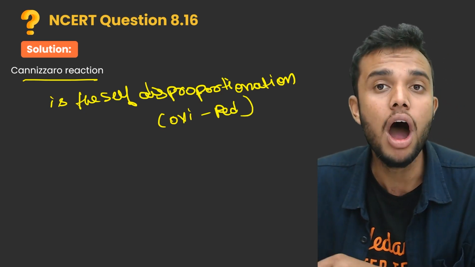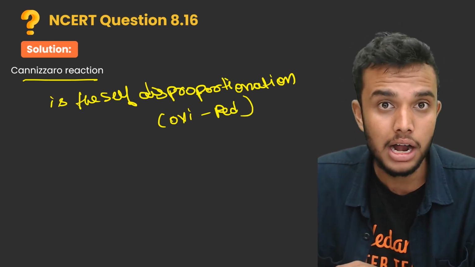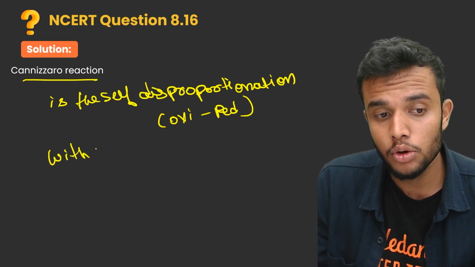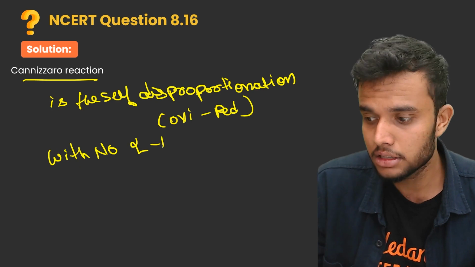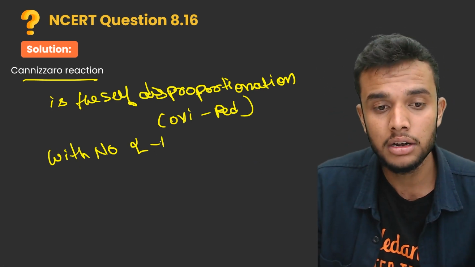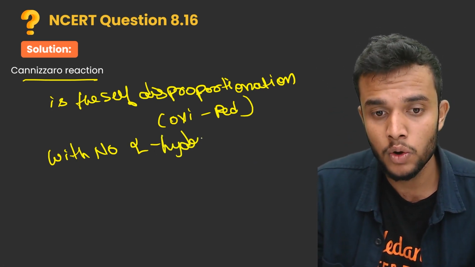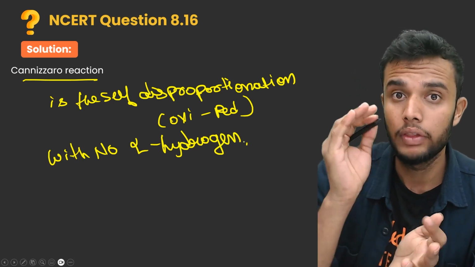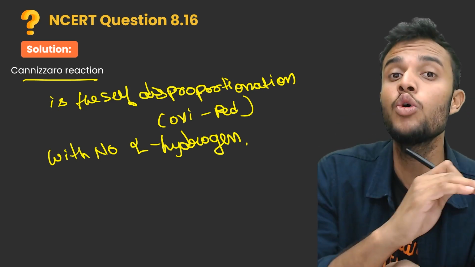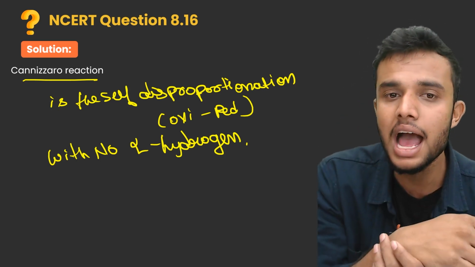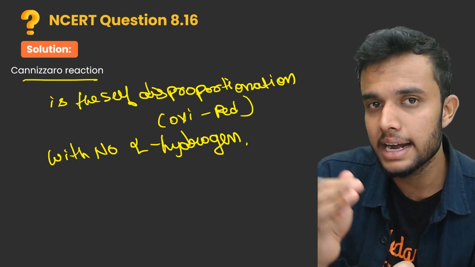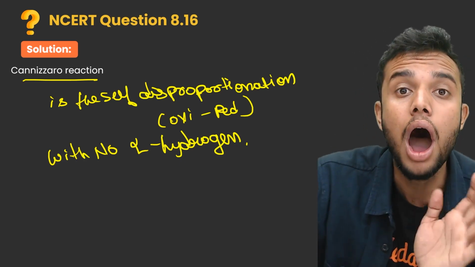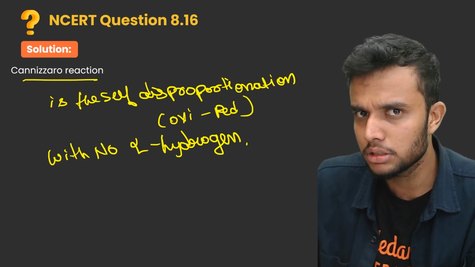A reaction of an aldehyde with no alpha hydrogen is called the Cannizzaro reaction. It is nothing but an aldehyde containing no alpha hydrogen reacted with concentrated KOH to yield alcohol and carboxylic acid.